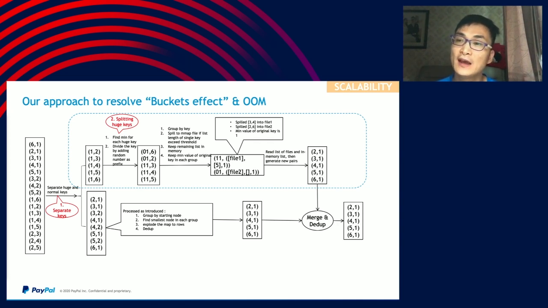By doing so, we can increase the parallelism. And the third one is to spill to disk on the reduce side when necessary to avoid the out of memory issue. By doing these things, we can resolve the out of memory and the skew problem in our production and finish the algorithm smoothly.